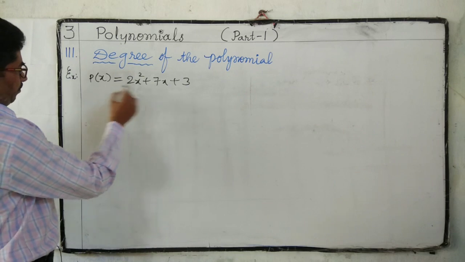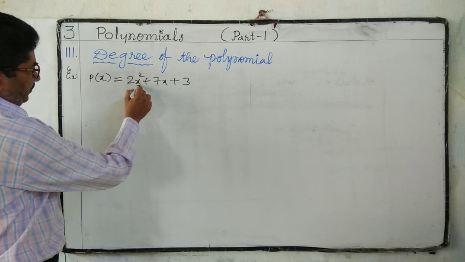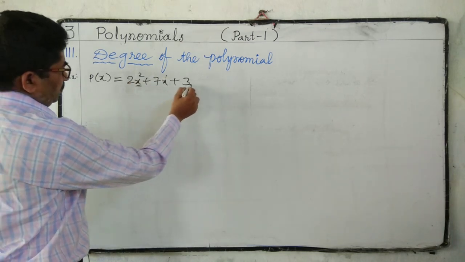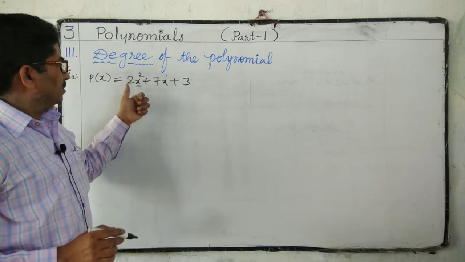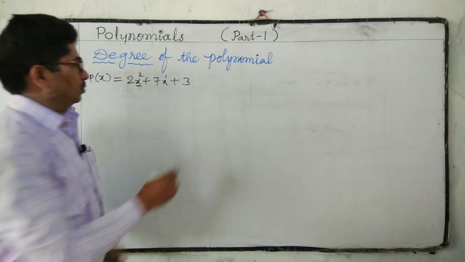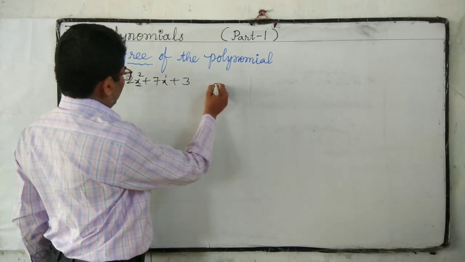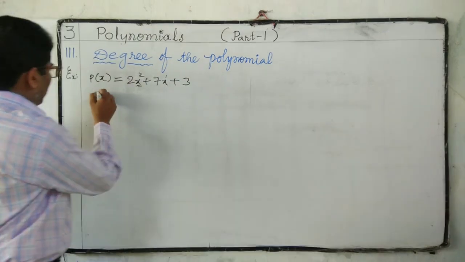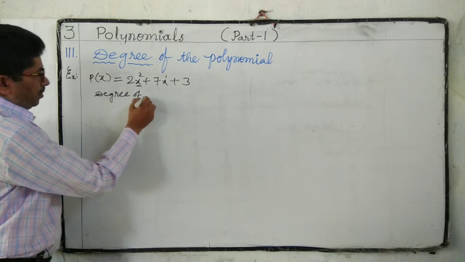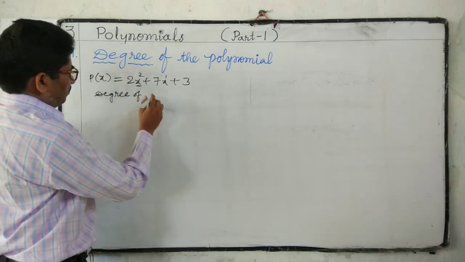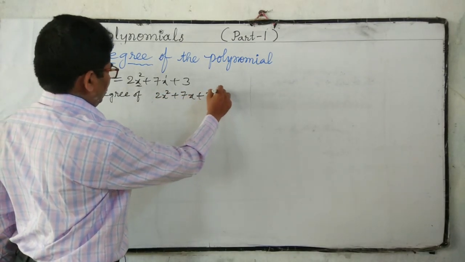In this, x square, the power of x is 2, then 1, then 0. So in this the highest power is 2, so the degree of this polynomial is 2. Degree of 2x square plus 7x plus 3 is 2.